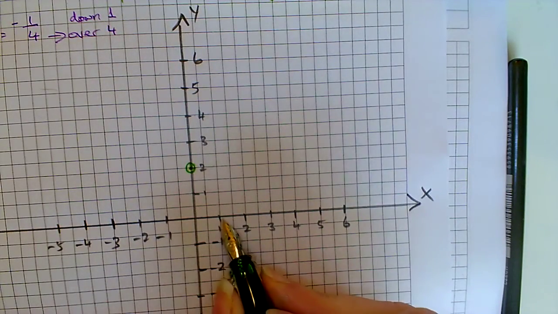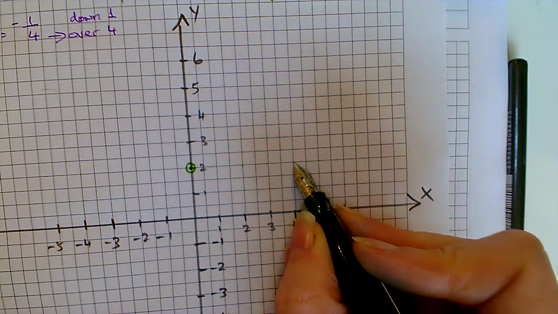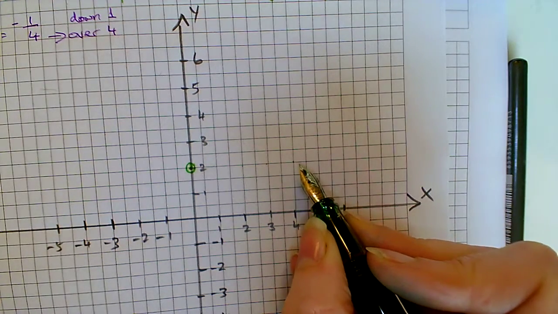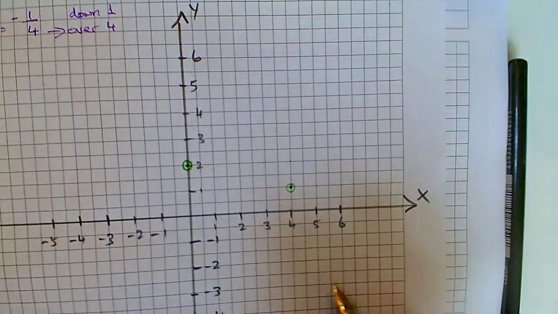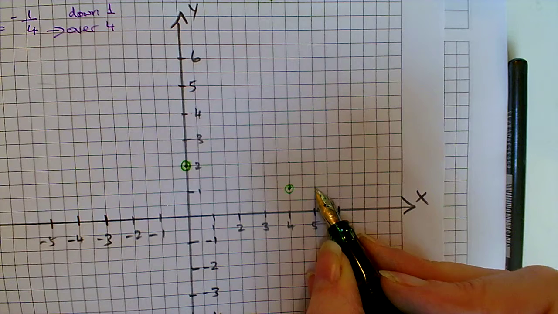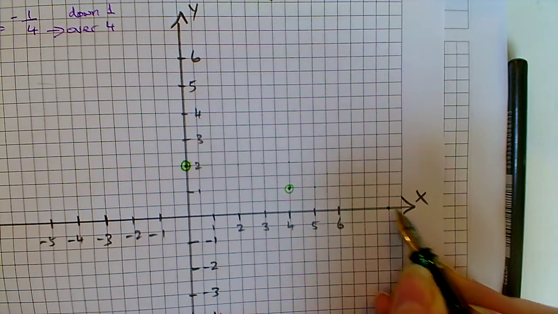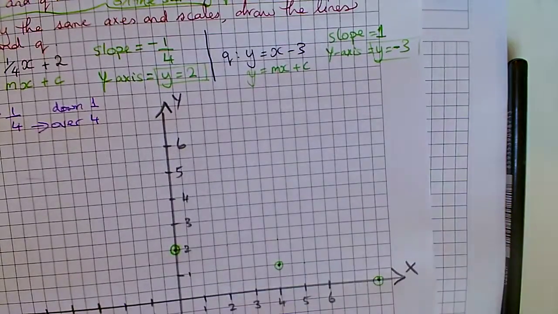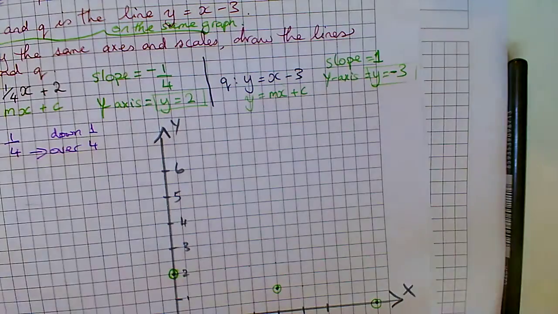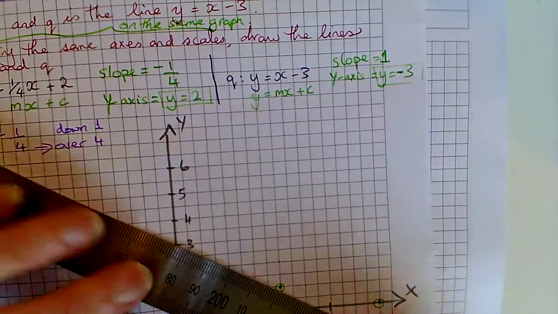So I go over 4, counting coordinates: 1, 2, 3, over 4, and down 1. I can do it again if I need to. 1, 2, 3, over 4, and down 1. And let's draw it in.